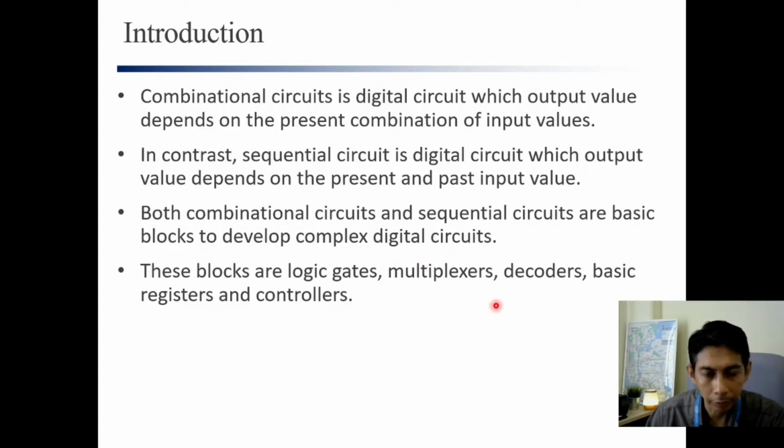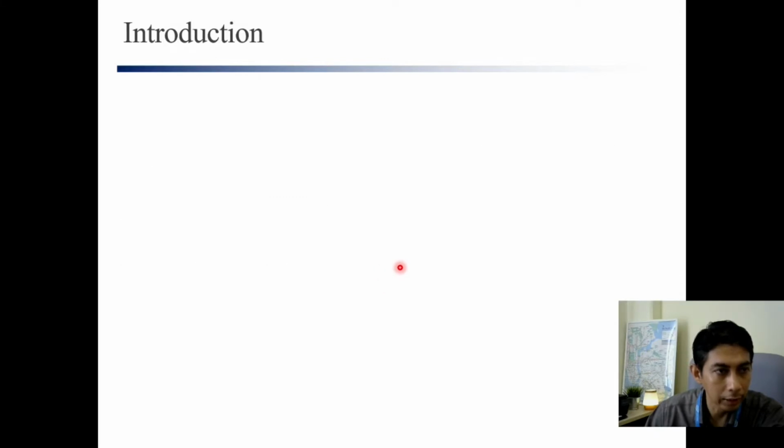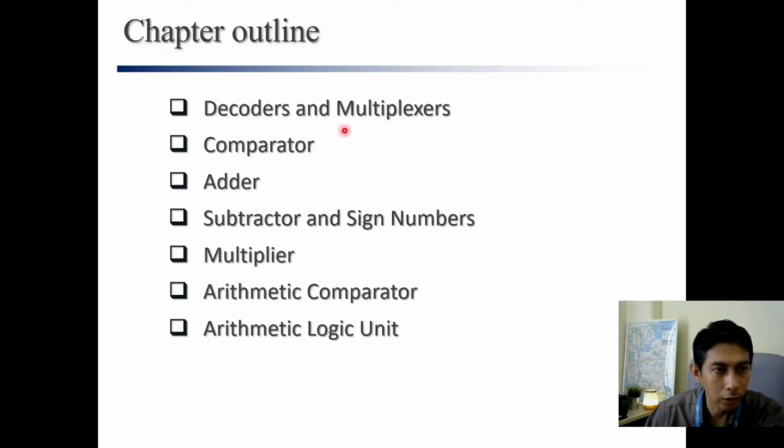This is different from a sequential circuit, where the output depends not only on the input but also on what we call the state, or the memory of the circuit, right? So a decoder is one of the combinational circuits. So you have decoder and multiplexer.